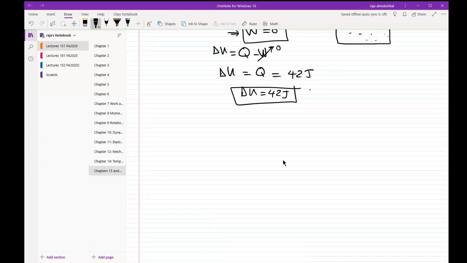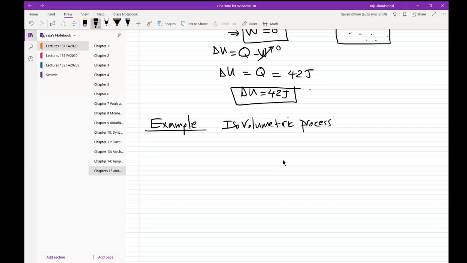Next example. Okay, this is an example of an isochoric or isovolumetric process. Okay.